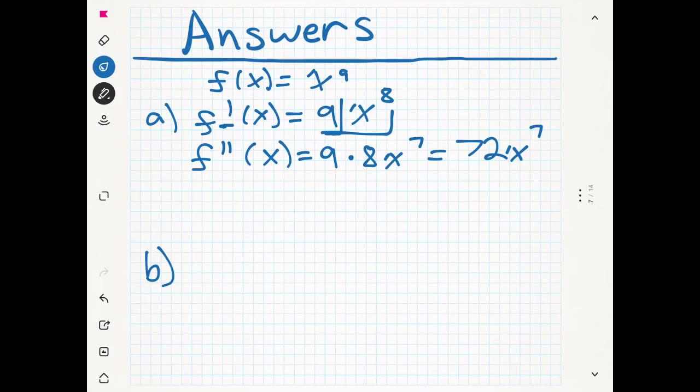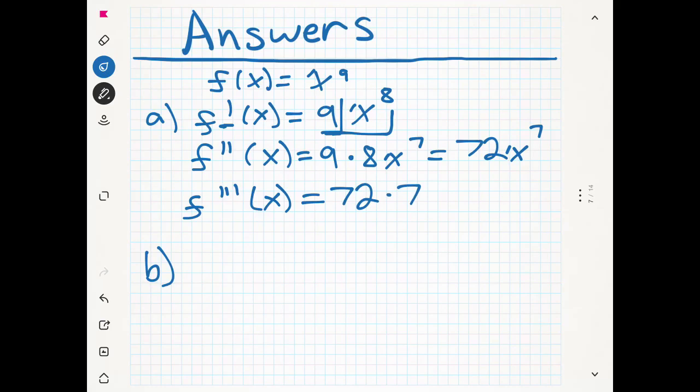Now we want to find the third, so still one more. We have to put 3 primes, which represents the third derivative, right? And for 72x to the 7, the 7 comes down. So we ignore the 72 because it's a constant multiple, times 7. And for x over here, we remember that we have to subtract 1 from the 7. So 7 minus 1 obviously is 6.